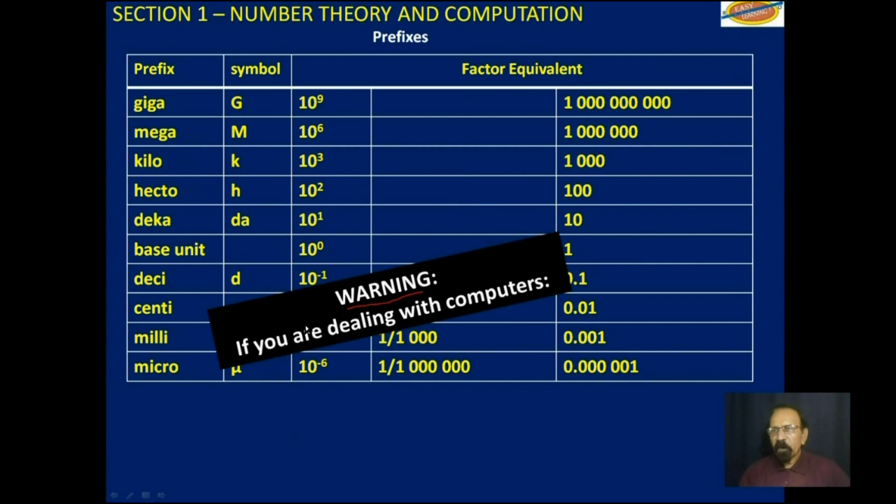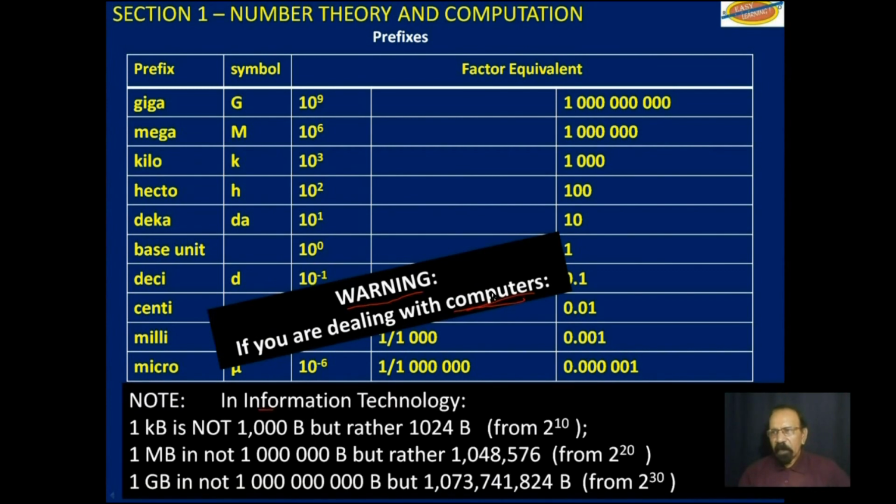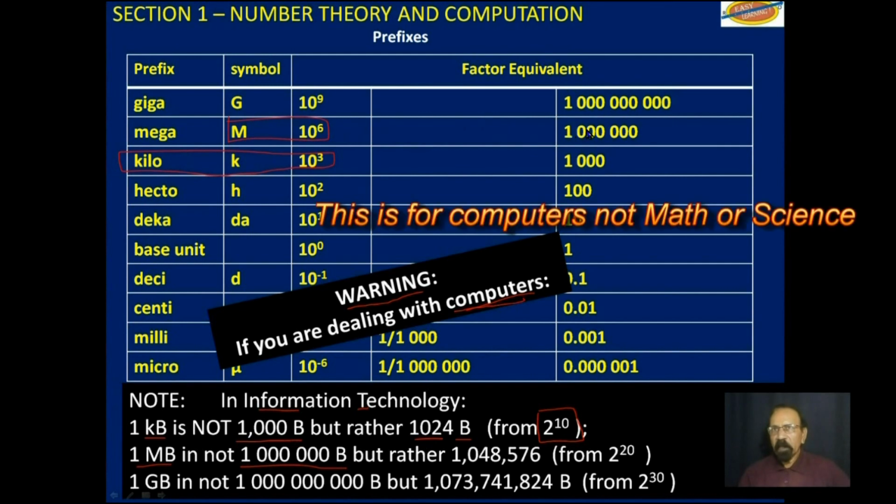If you are dealing with computers, say information technology, 1 kilobyte is not 1000 bytes, as you may be misled by looking at this, but rather it is 1024 bytes, which is 2 to the 10th power, and neither is 1 megabyte 1 million bytes. Now this is for computers.